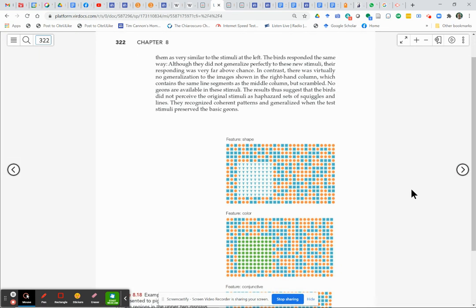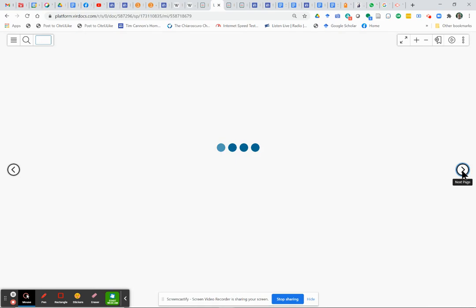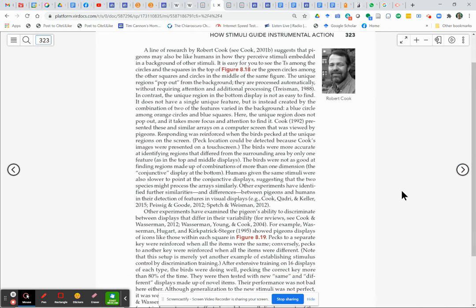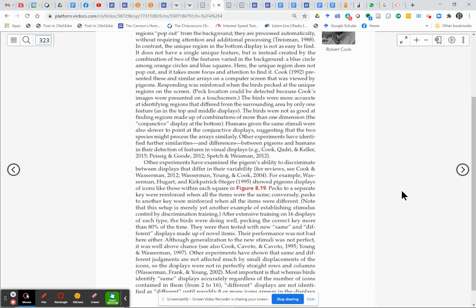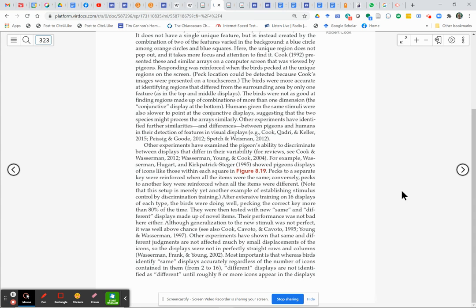And this is done with computers almost for sure. 1992, possibly not. They could have been slides. But take a look at these things and the T's, and whether or not things are easy to see or not. And what's true for us is largely true for the pigeons. And there's Cook. And they not only got it right, but we could see where they were looking, which is interesting.